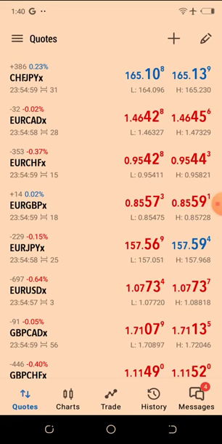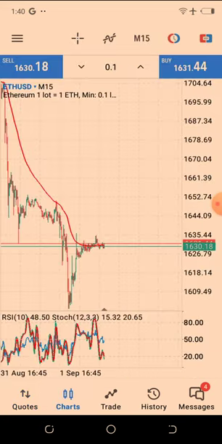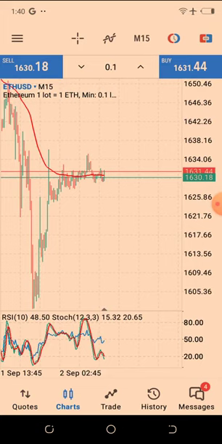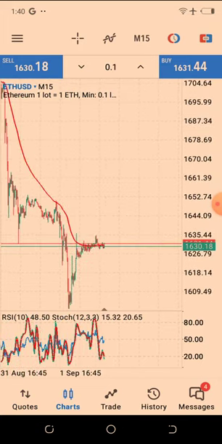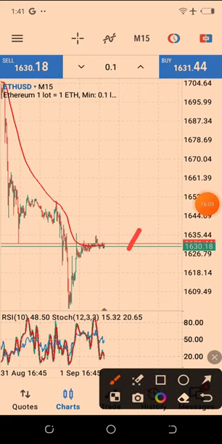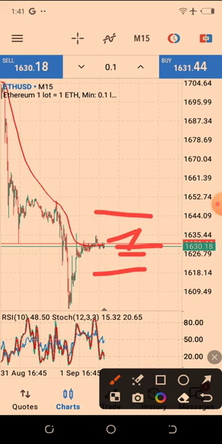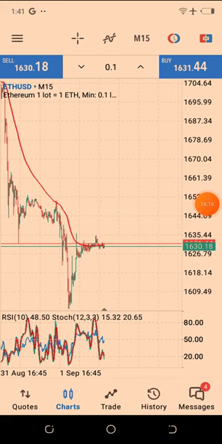The spread must not be much if you want to make money. There are some brokers whose spread is always wide. Look at this, the spread is still normal. Here you can see this red line and this green line; the space between them is the spread. You can see it's still normal. There are some brokers that from year to year will have a wide spread, so with that you cannot even make profits from the market.